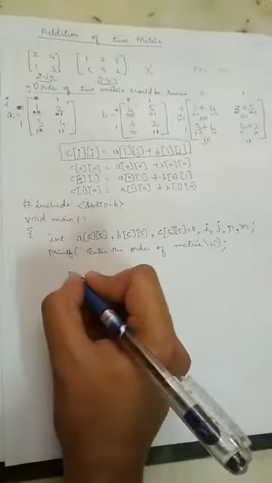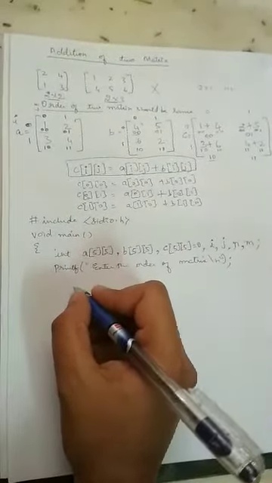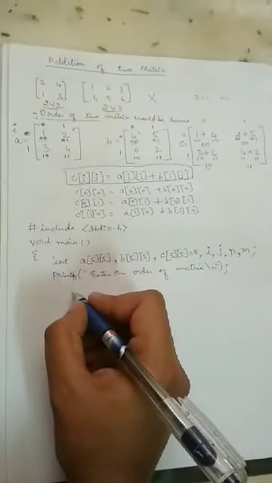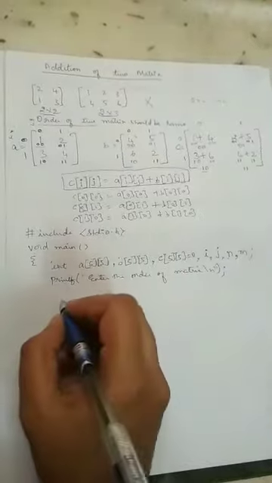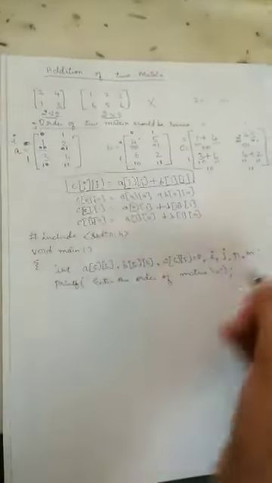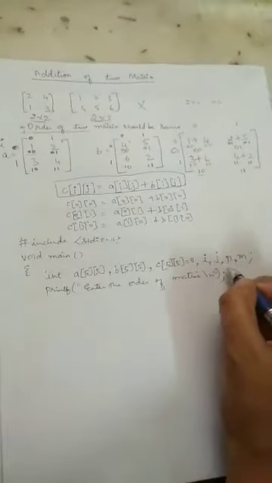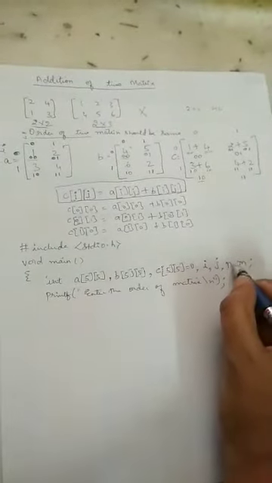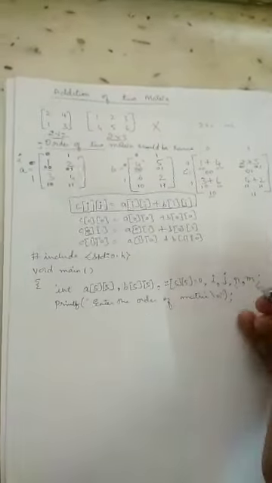So we have to check. Instead of writing order of the matrix, we can just read it as n, if you want, saying that it is a 2 cross 2 matrix.